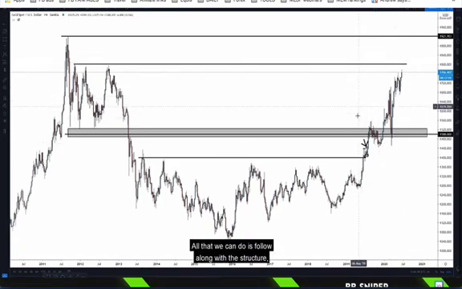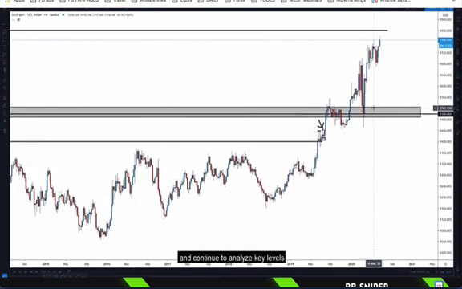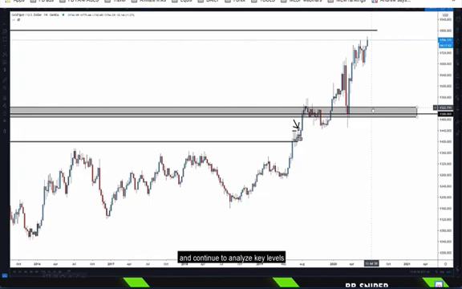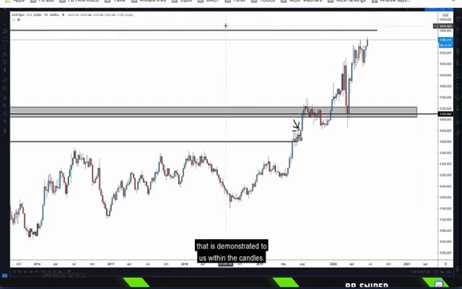All that we can do is follow along with the structure and continue to analyze key levels where the market has significant moves to or through, while simultaneously paying attention to the open, high, low, and close, and doing our best to interpret the chaos that is demonstrated to us within the candles.